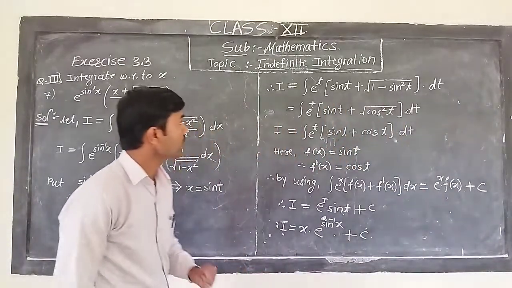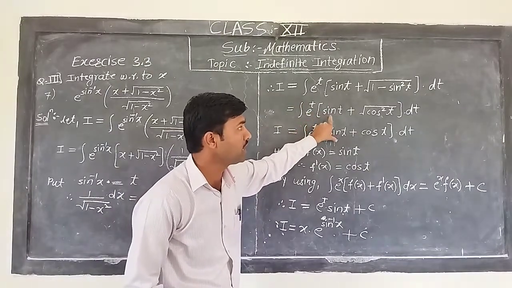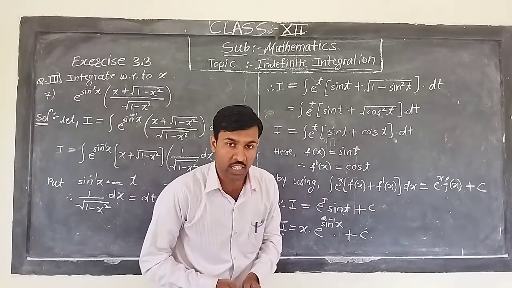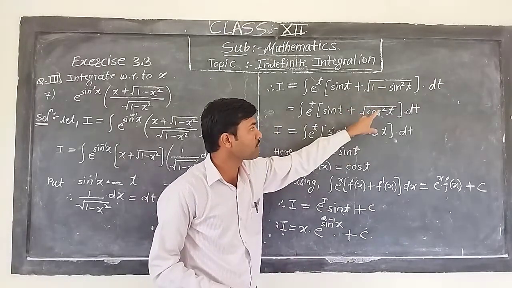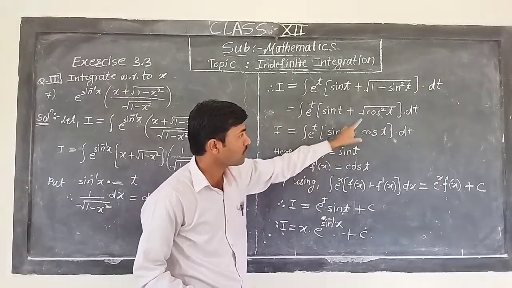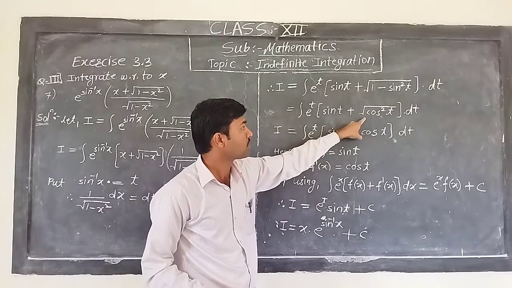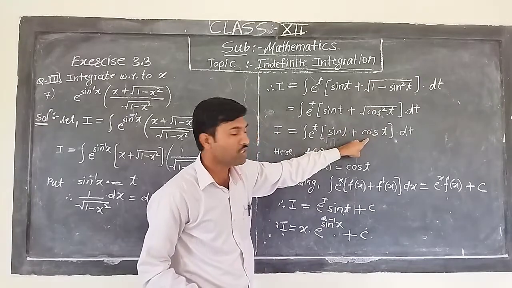Now the integration of e raised to t into (sin t plus under root of 1 minus sin square t). 1 minus sin square t is cos square t, it is a trigonometric identity. So 1 minus sin square t is replaced by cos square t into dt. Now in the second term, under root of cos square t, the square root cancels with the square, so the remaining term is cos t.